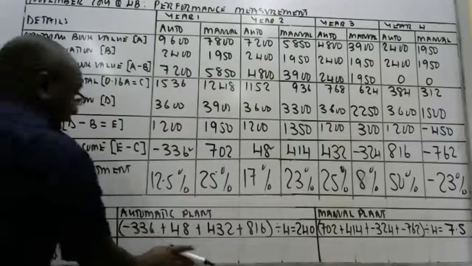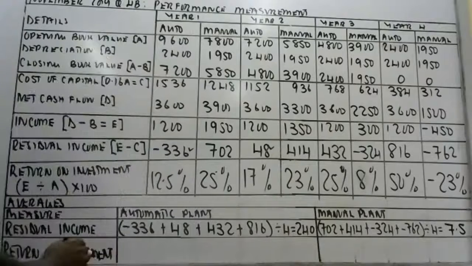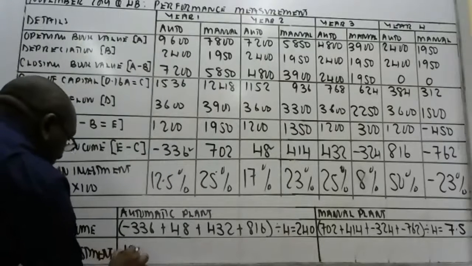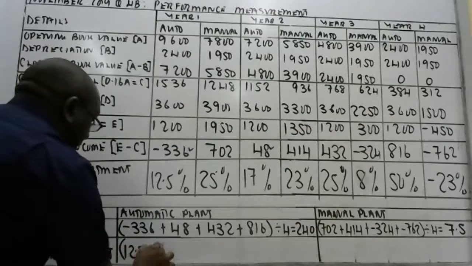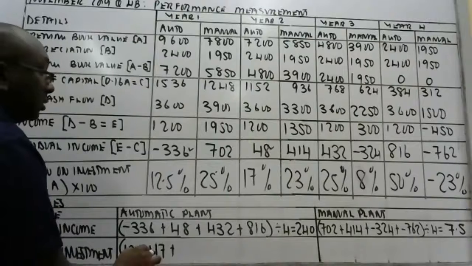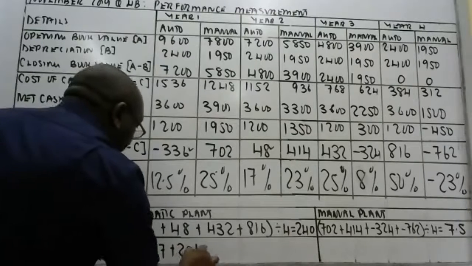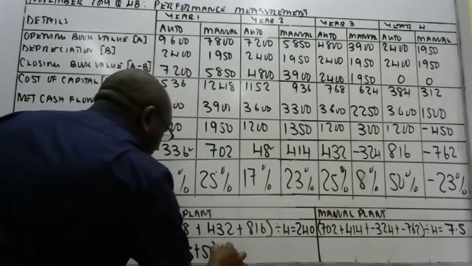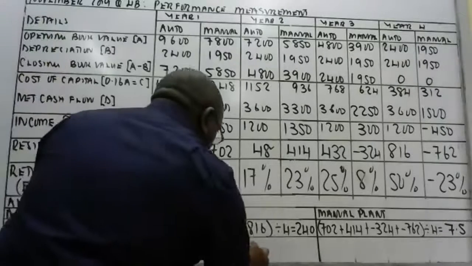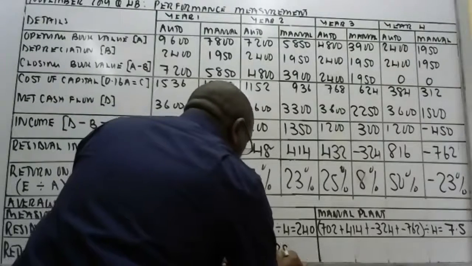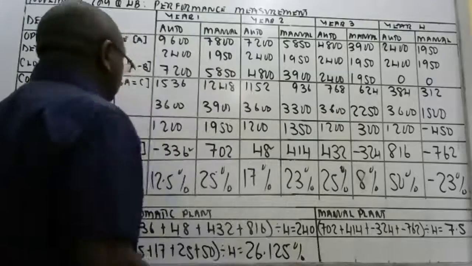Let's do the same thing with this other one. I have 12.5 plus 17 plus 25 plus 15, divide by 4. That is giving me 26.125%.